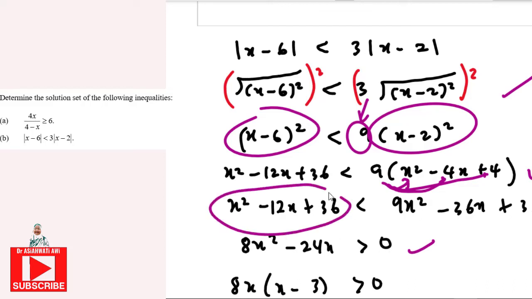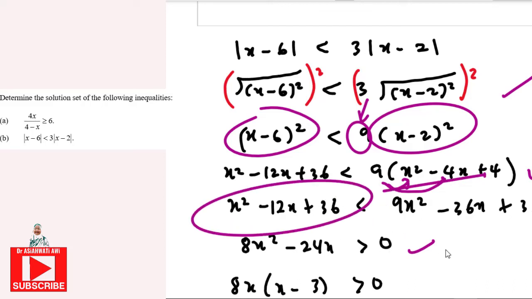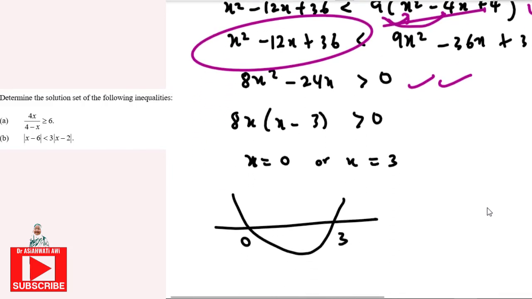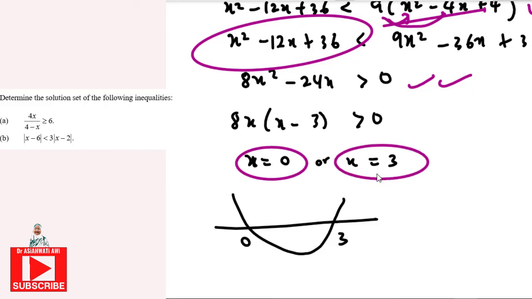Okay, simplify, bring to one side, simplify, then get this. Then factorize the quadratic: 8x times x minus 3 more than 0. These are the critical values, x equals 0 or x equals 3.